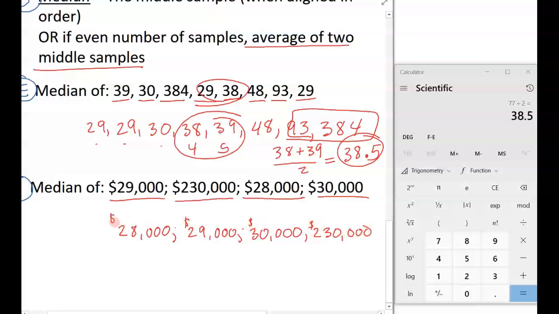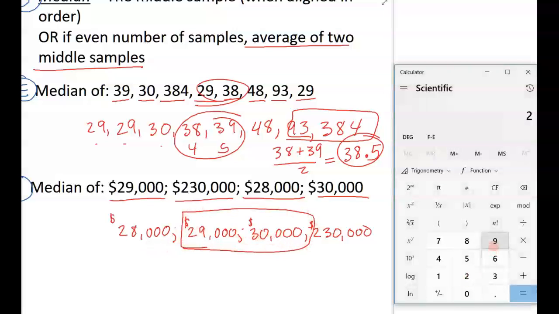Okay, so to find the median of these four values, we're going to look at the middle two, 29,000 and 30,000. So we're going to average these, 29,000 plus 30,000.